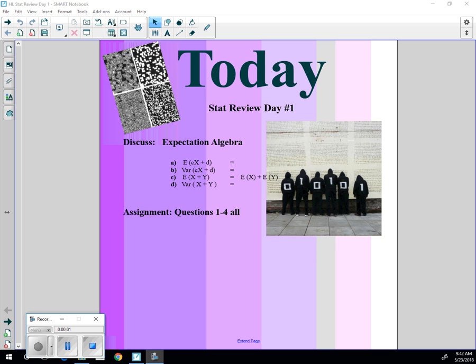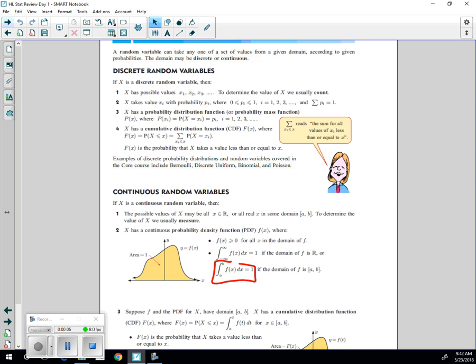Right, so today what we're going to look at is the algebra of stats, and this you know already. We talked about it briefly, but we're going to hit some of the high points. There's two ways that we can look at stats. We can look at discrete values, like a die rolling a 1, 2, 3, 4, 5, 6, or we can look at continuous variables, like if you're looking at somebody being in a location.